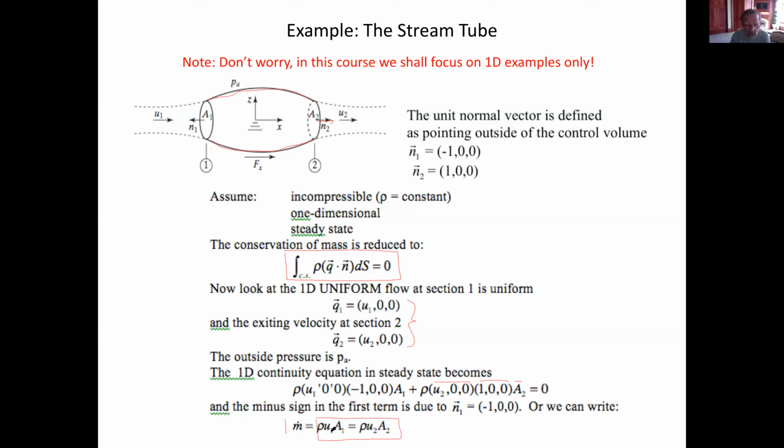So I end up actually with rho U A equal rho U A, which means the mass flow rate going in must be equal to the mass flow rate going out. This is conservation of mass for this particular one-dimensional model.